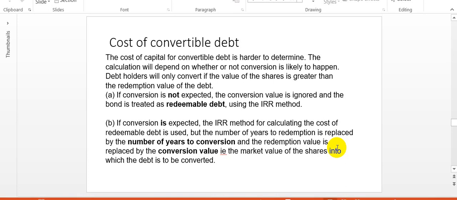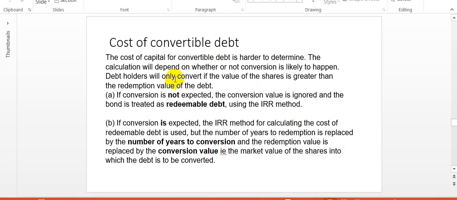So you need to establish whether conversion is expected to take place or conversion is not expected. There are implications of conversion taking place or not taking place in the way you actually compute the cost of convertible debt.